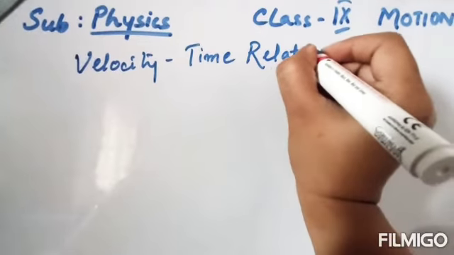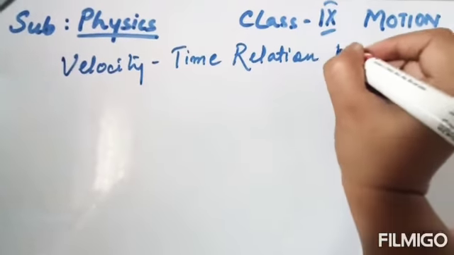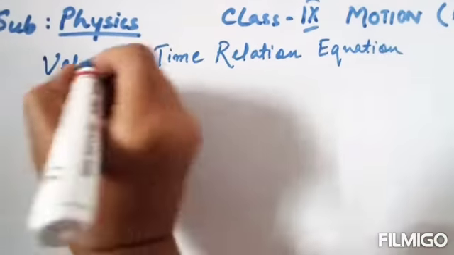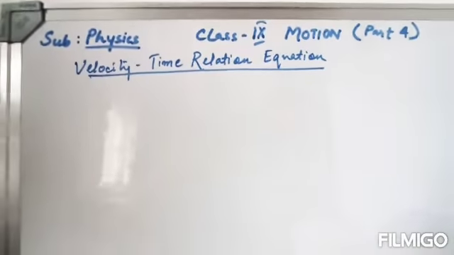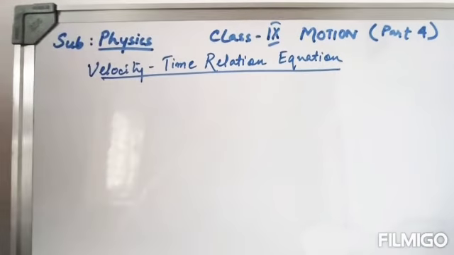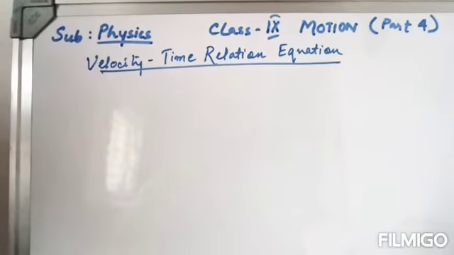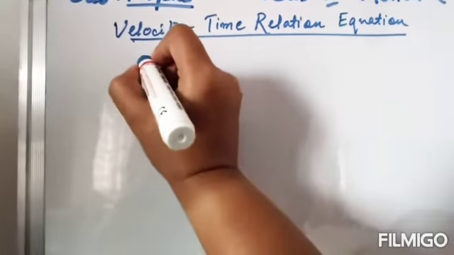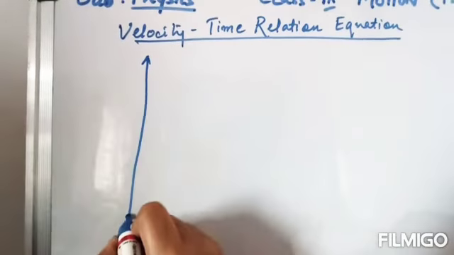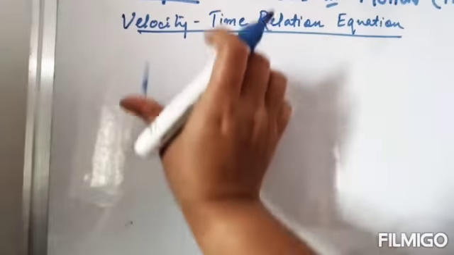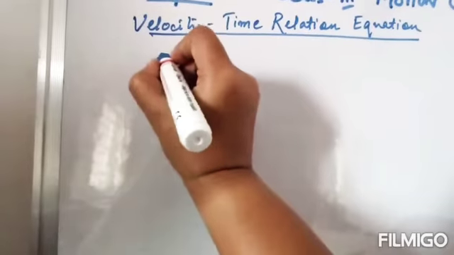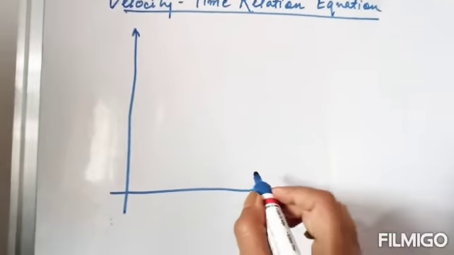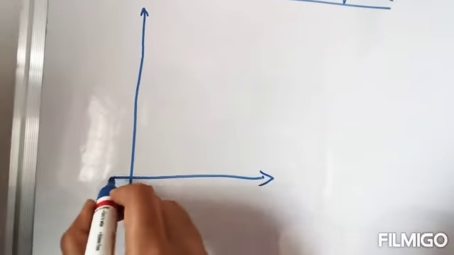Relation equation. Correct? Okay. Now for this we need to draw a velocity time graph, because we are going to find the velocity time relation. So suppose this is our graph.